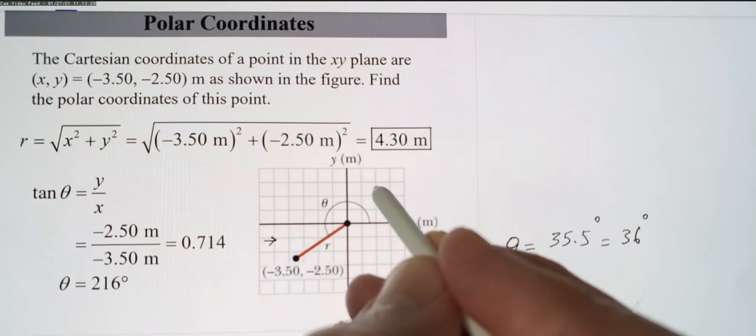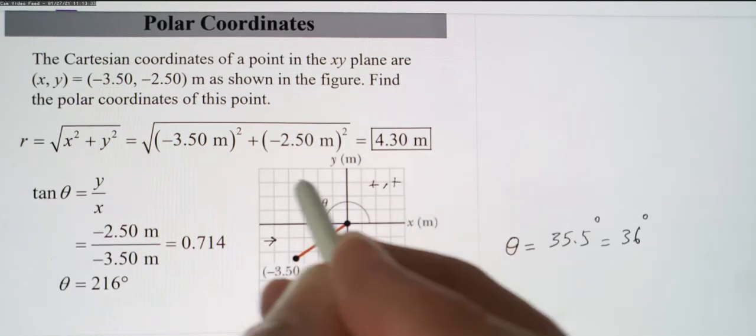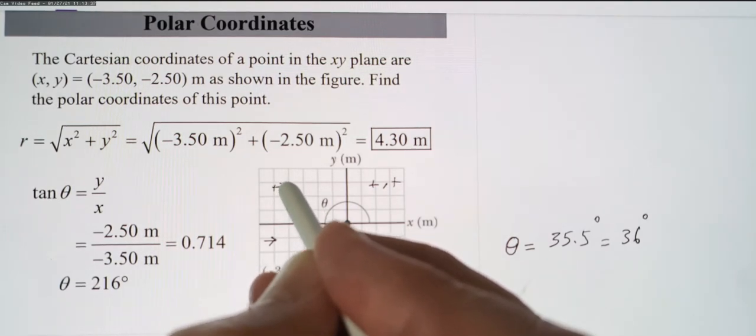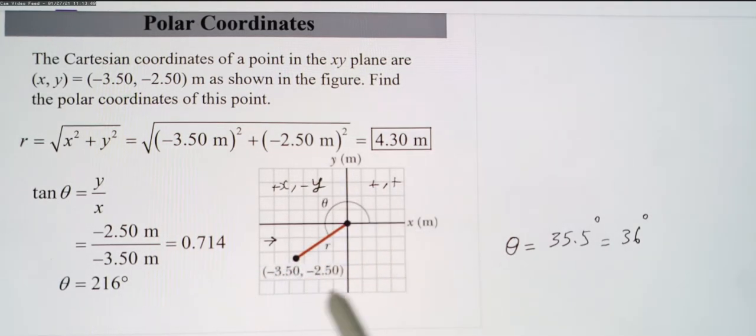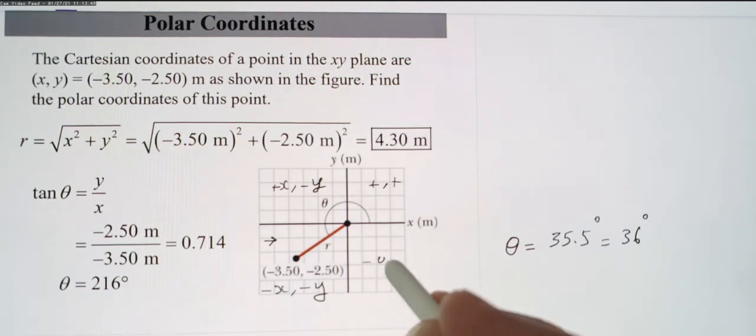So this is positive x, positive y. Here it's negative x, positive y. Here negative x, negative y, and here positive x and negative y.